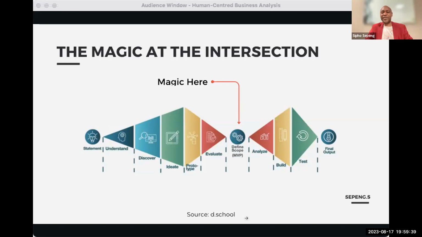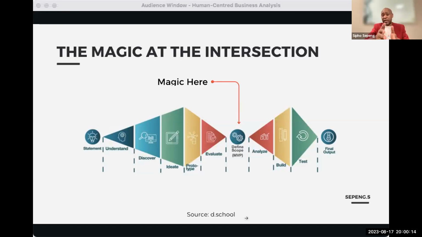The first part of it, where it branches out, is what we call divergent thinking, where we're quite broad in our thinking and how we approach problems. And then the second part of the diamond is where we then converge and prioritize and test and validate and settle on an MVP that could help us take the solution to market.